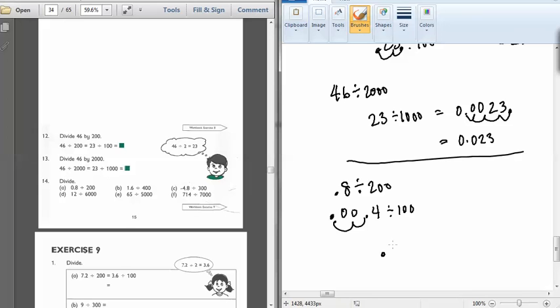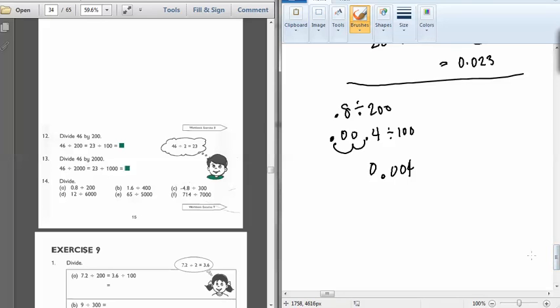So 0.004. Is that correct? Wrong. All right, let's try this one. 1.6 divided by 400. So what I'm going to do is 1.6 divided by 4 first. The decimal place goes up. 4 can't go into 1. 4 can go into 16 4 times.